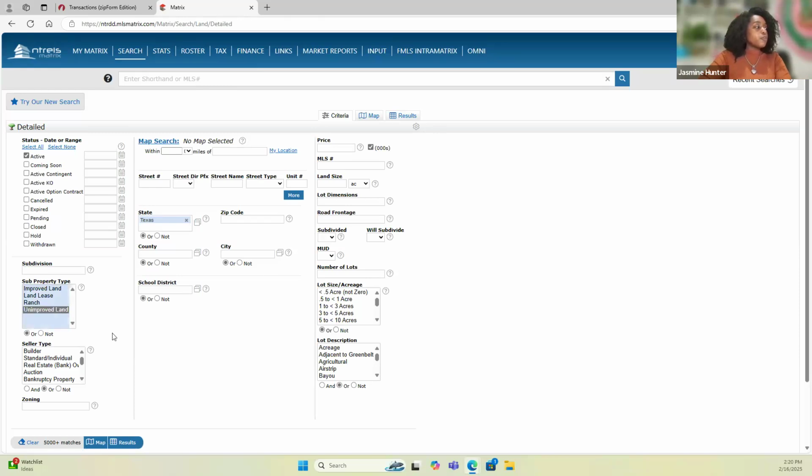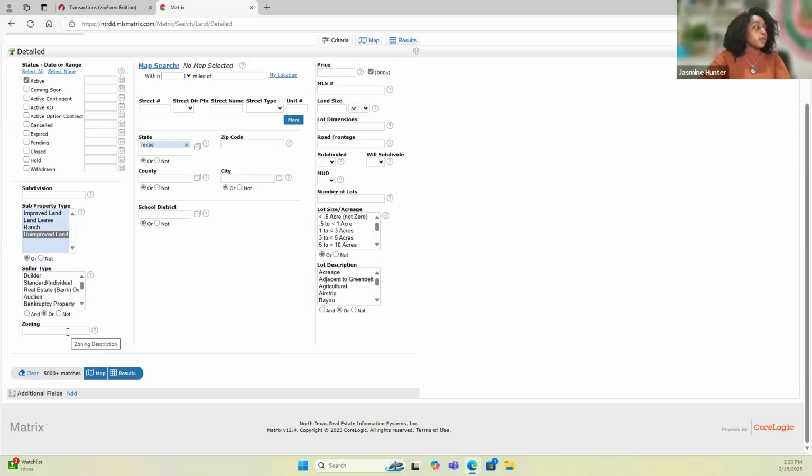We want unimproved land, but right here, we want specifically commercial land. Okay, that's how you eliminate. So we went over 5,000 items down to 272 items that are listed in this MLS, period. You are specifically looking for commercial land. You have to tell the system that you want that. Okay. There's no button to choose from. You have to specifically say that you want commercial land, period.